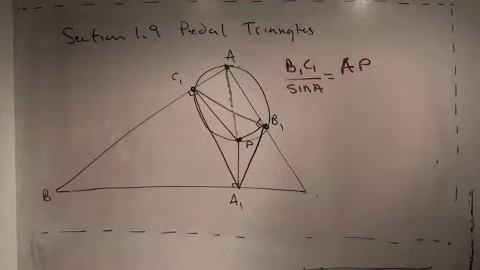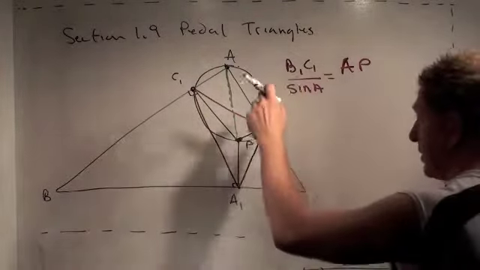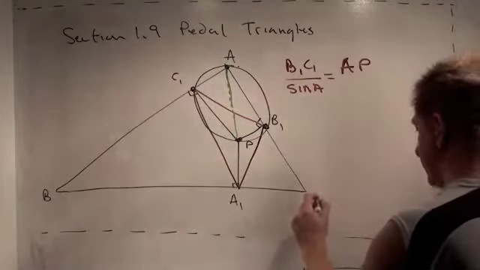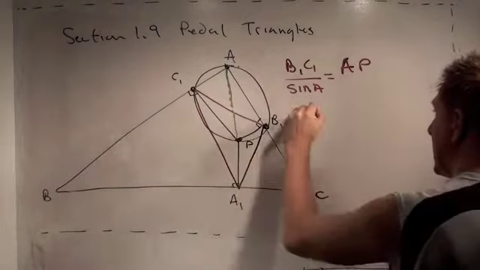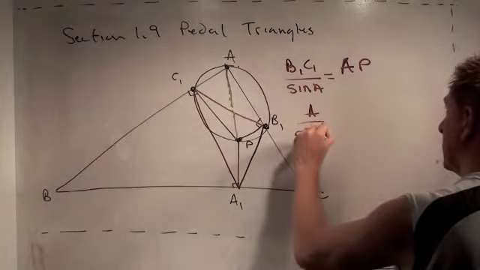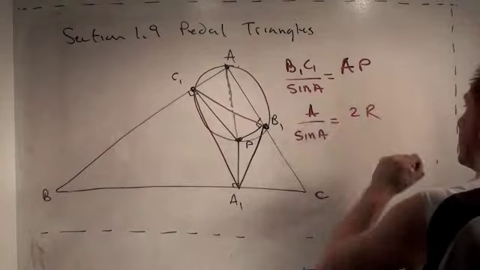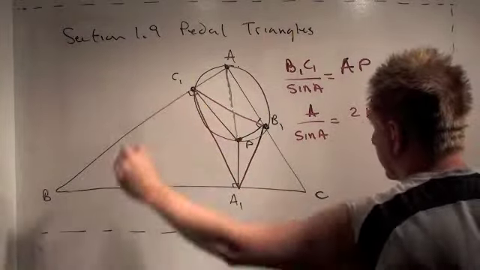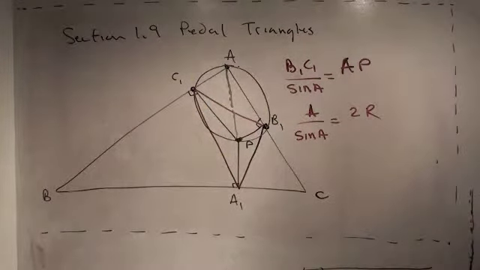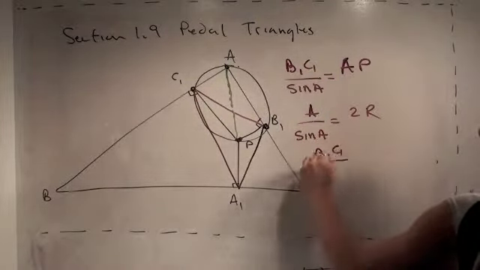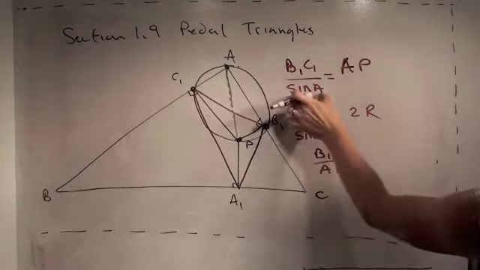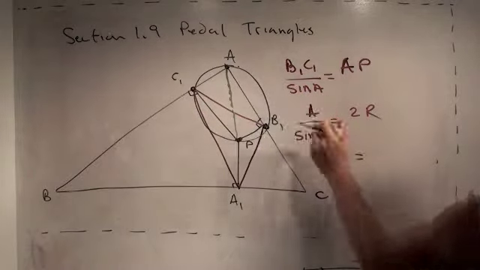Well, but we also happen to know from our original triangle ABC that side a over sine A equals 2 times the radius of the big circumscribed circle, the circumscribed circle of triangle ABC. Well, that tells me I can say that B1C1 over AP, which is just sine A, equals a over 2R.